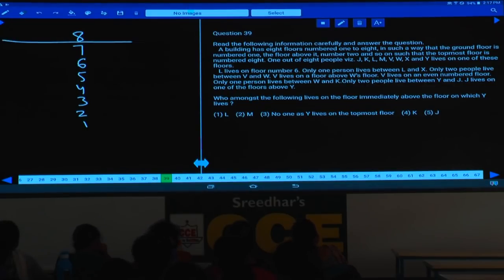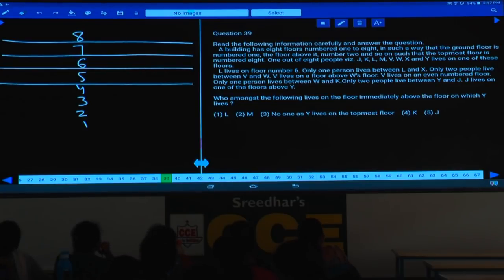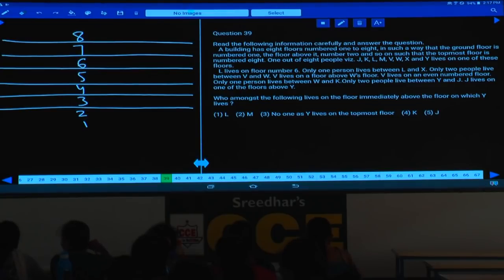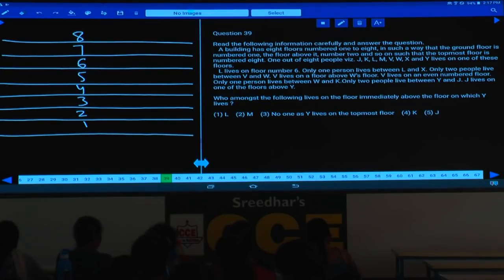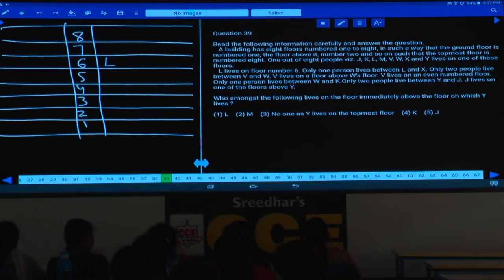Then extend the lines like this. Then condition number 1. What is condition number 1 here? Now L lives on floor number 6. L lives on floor number 6, that is clearly given. As L lives on floor number 6, now this is floor number 6. Now it is a fixed arrangement, definite information given. Hence we are taking that one first.